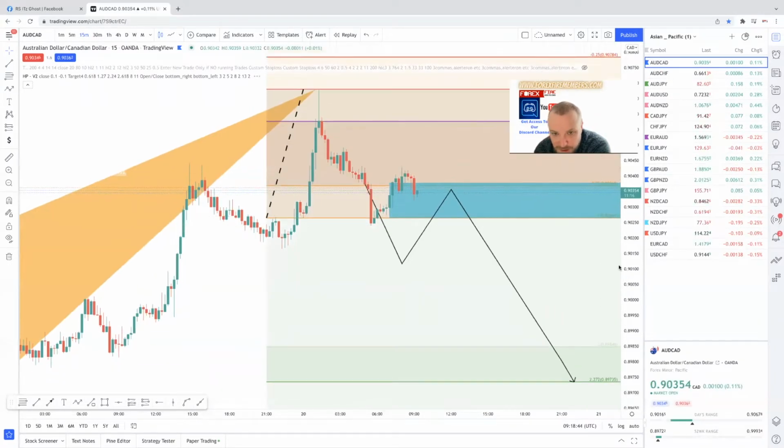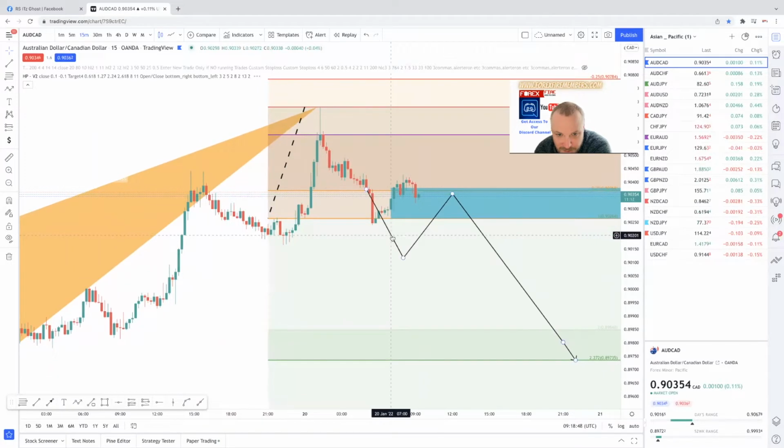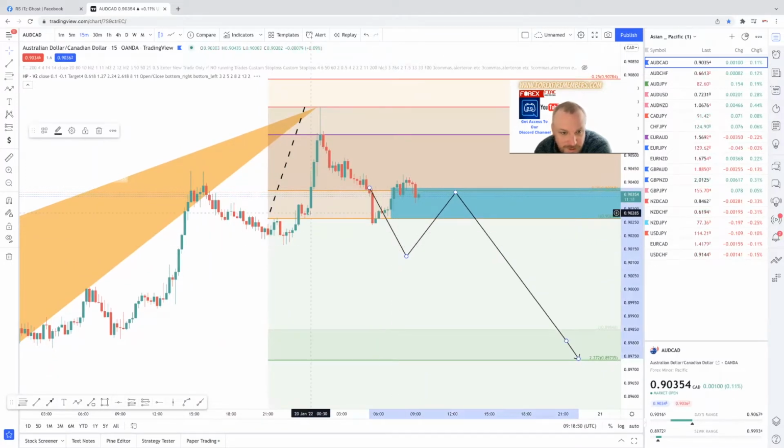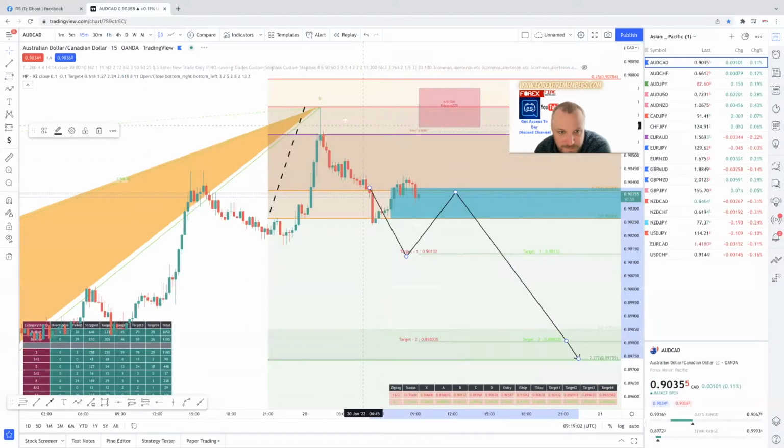This at the moment, we need price to push out. In fact, let's take a look at this again, the odd card. So that's the price to there. It hasn't pushed out, so we need to go down to the 15 minutes.